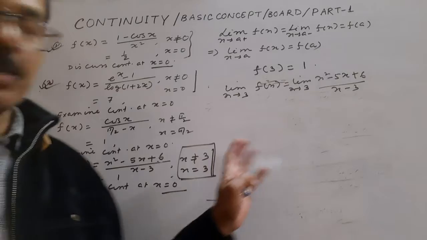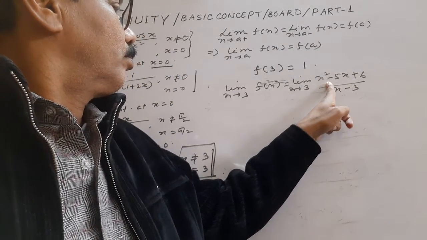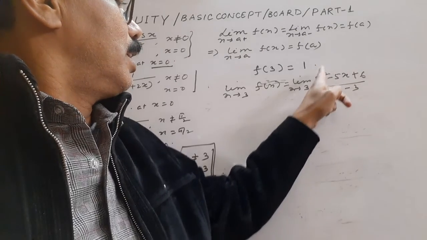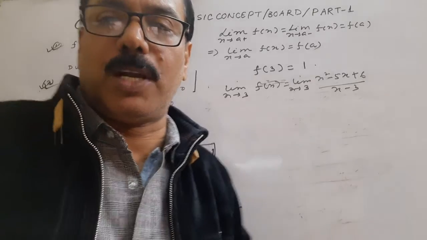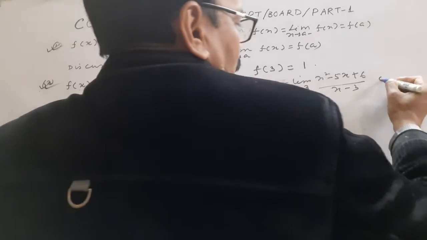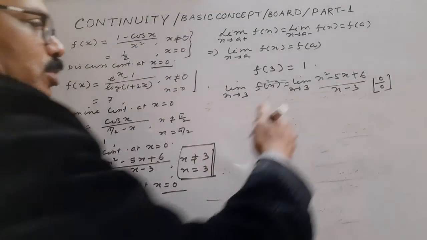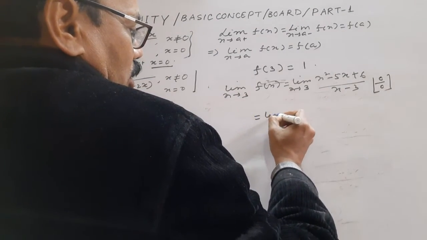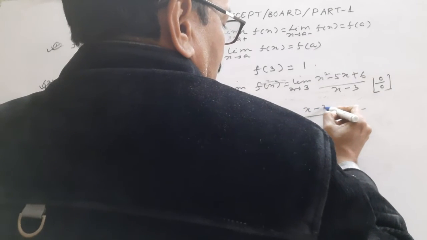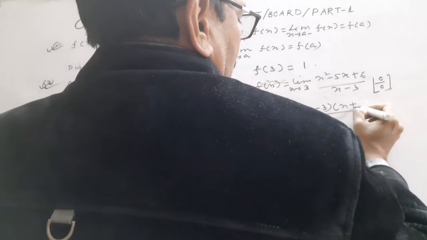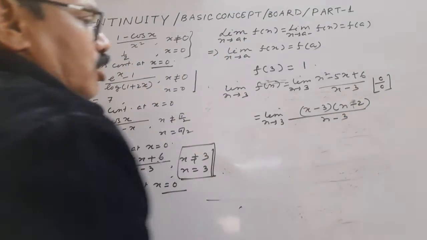Now you know, if you put x equals to 3, 9 plus 6, 15 minus 15. So 0 by 0 form. So you cannot use x equals to 3 directly. So use the factorization method. If you factorize it, x minus 3, this is x minus 2, and this also x minus 3.